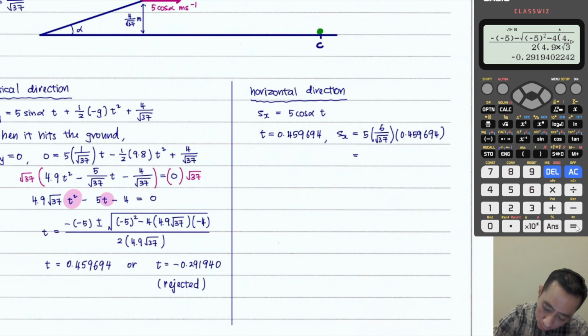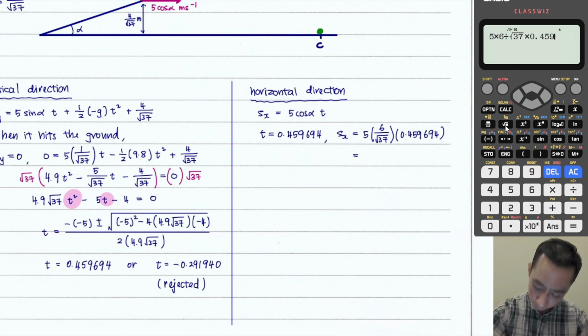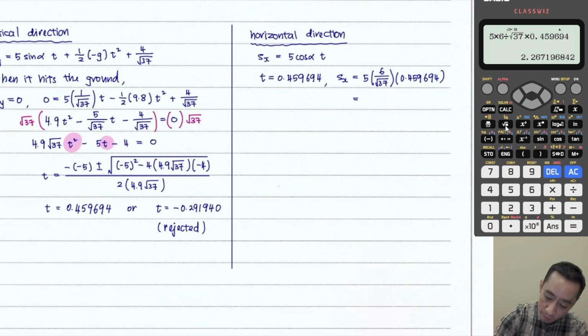Just rely on the calculator: 5 times 6 divided by square root of 37, and then multiply 0.459694. Here we have 2.267196842, rounded off to 3 SF for the final answer, so 2.27 meter.